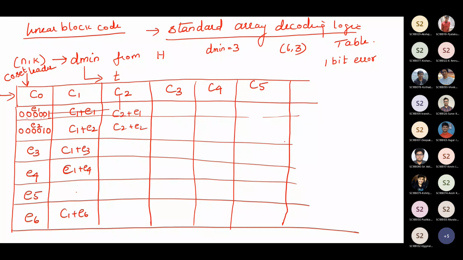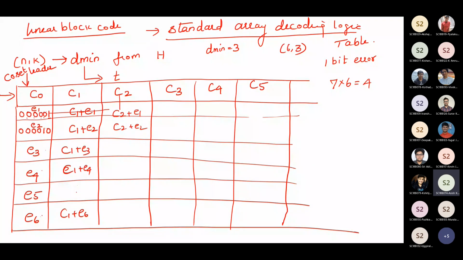So what will be the size of your table then? How many elements will be there in the table? 1, 2, 3, 4, 5, 6, 7. 7 into 6 is 42.